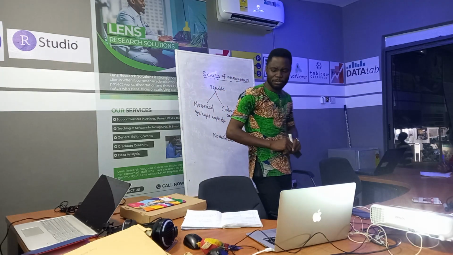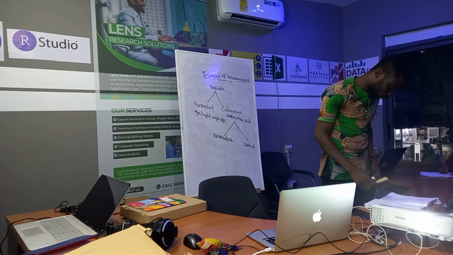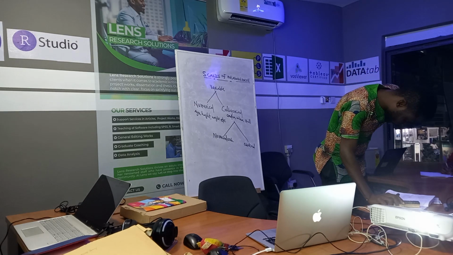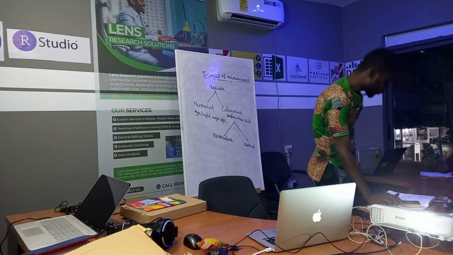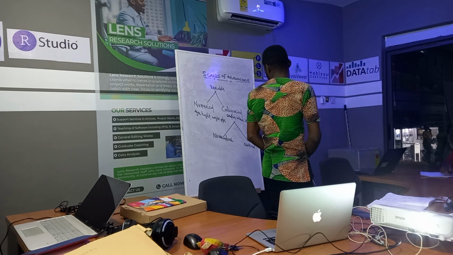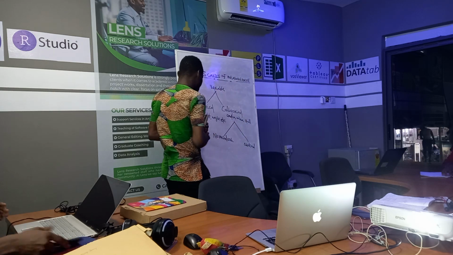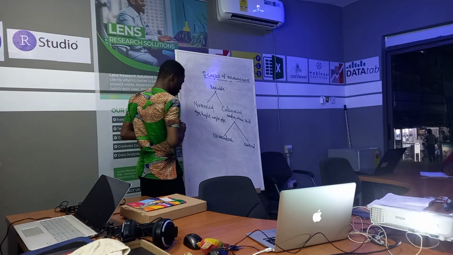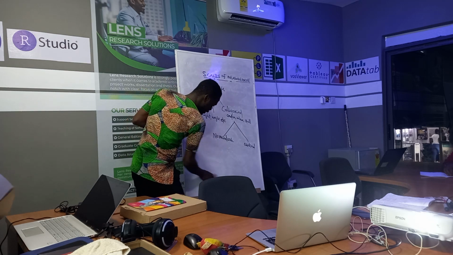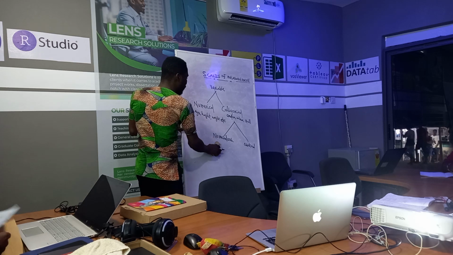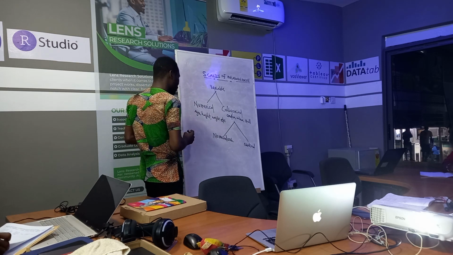So let's write something small on there. So please let's take note of this before we continue so that the journey can be very smooth. Now, in measuring variables, there are four main things that we consider or that we concentrate on.